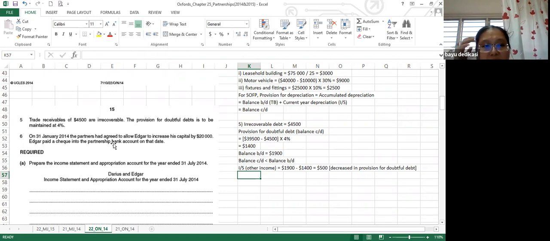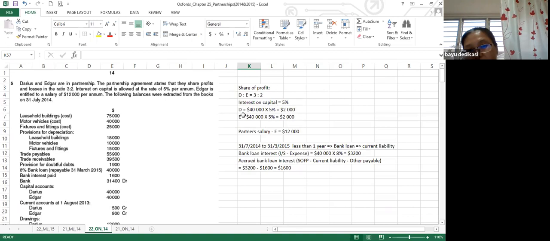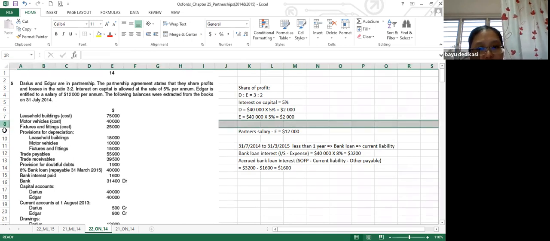Now next, on 31st Jan 2014, the partner has agreed to allow IGA to increase its capital by 20,000. IGA pay a cheque into the bank. In this case, this number 6 information affects our interest on capital. Okay, let me put in this information.